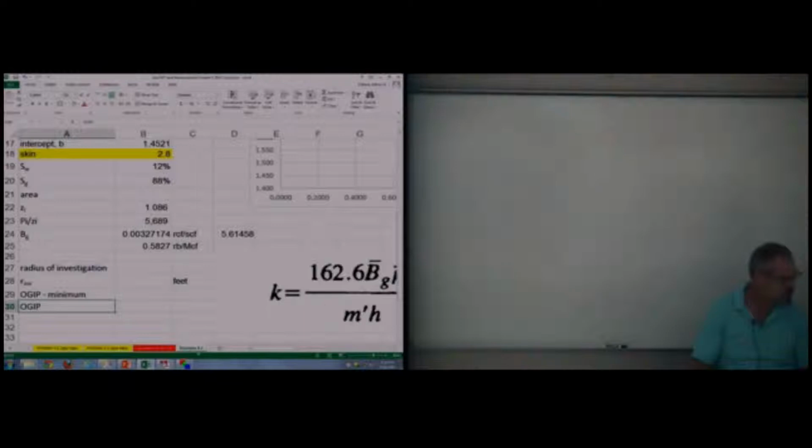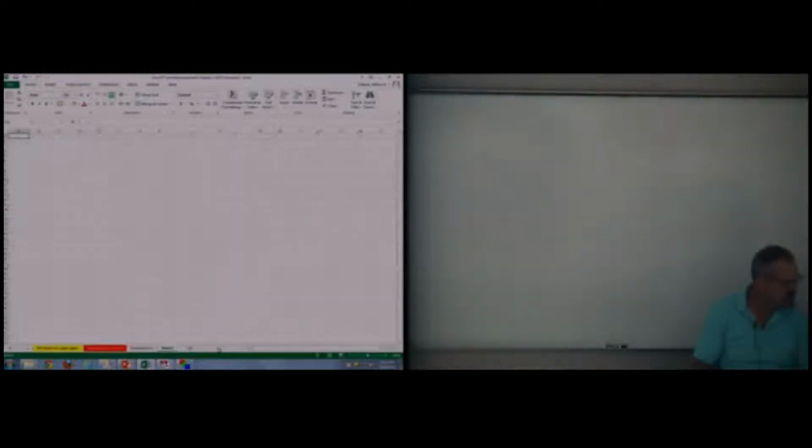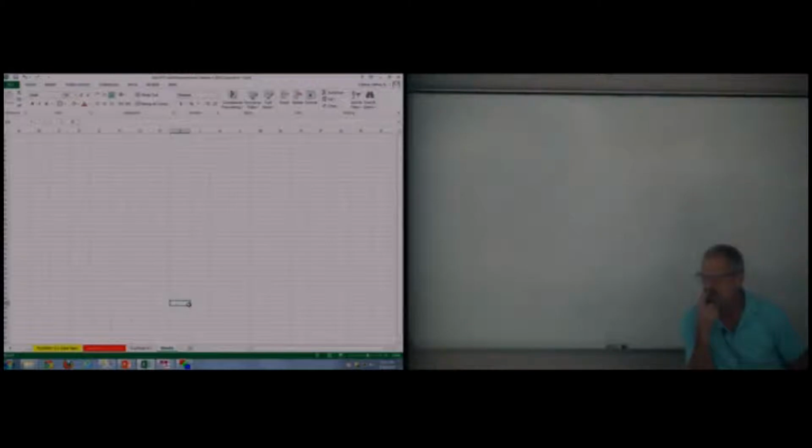As usual, I would normally move or copy, but in this case I'm going to come over here to a blank sheet, because what I've done for you while you're taking the test is upload in content a spreadsheet.